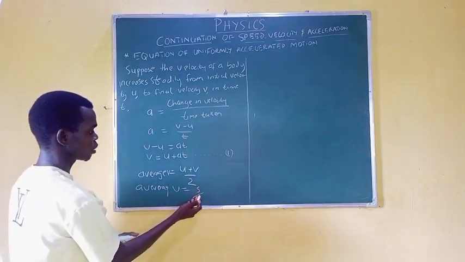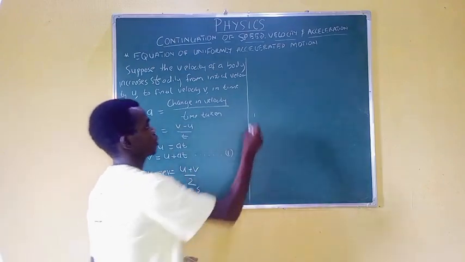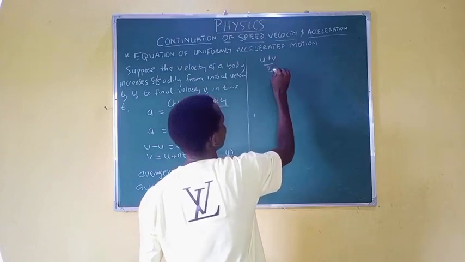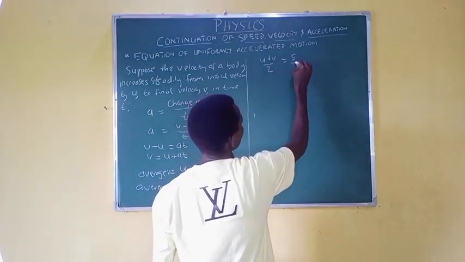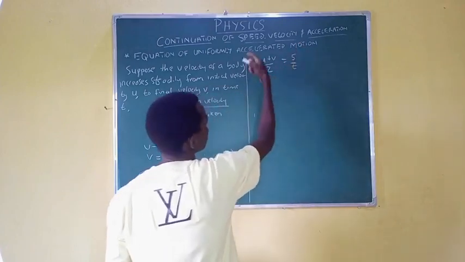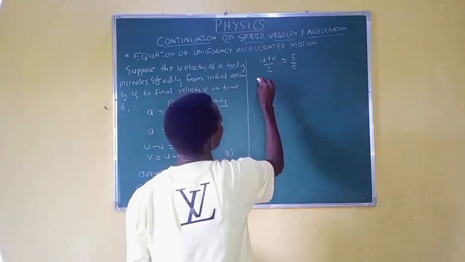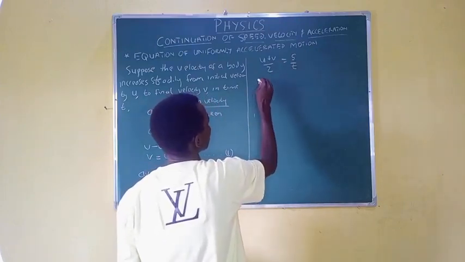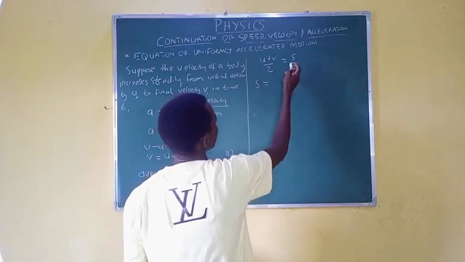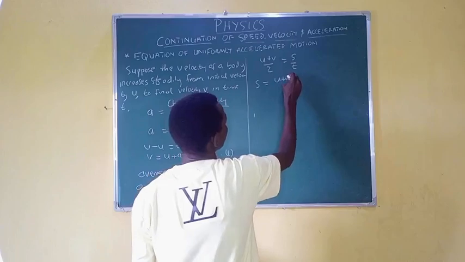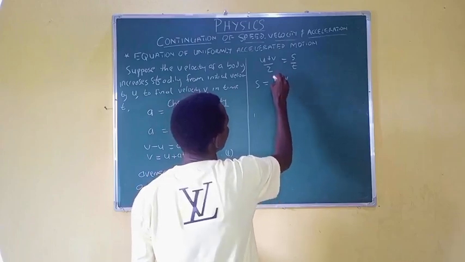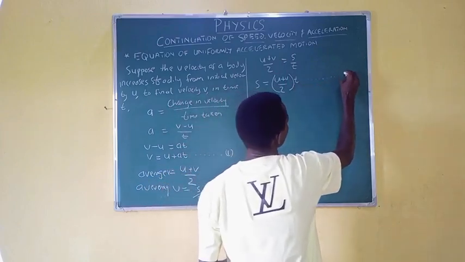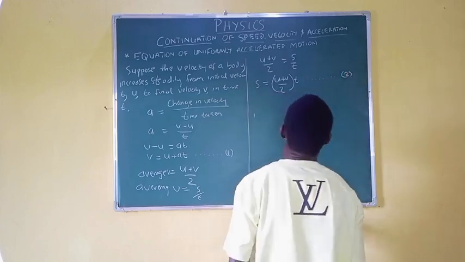When you equate these, we have u plus v over 2 is equal to s over t. When you cross multiply and make s the subject of the formula, we have s is equal to (u plus v) over 2 times t. This is our equation 2.